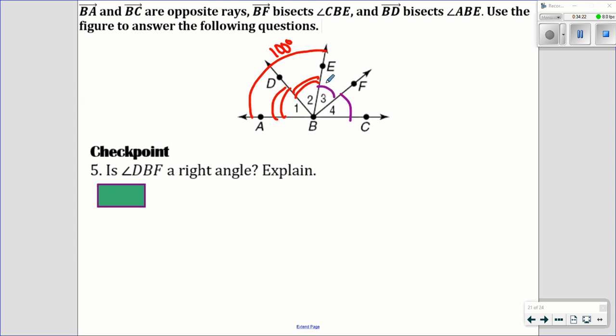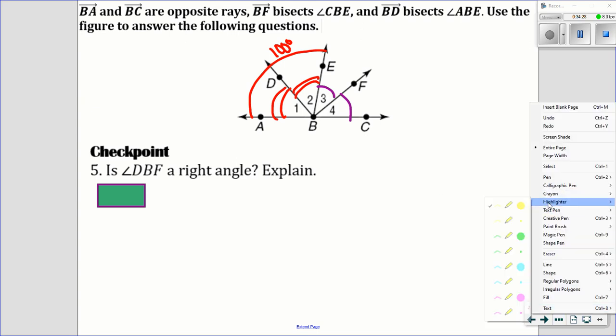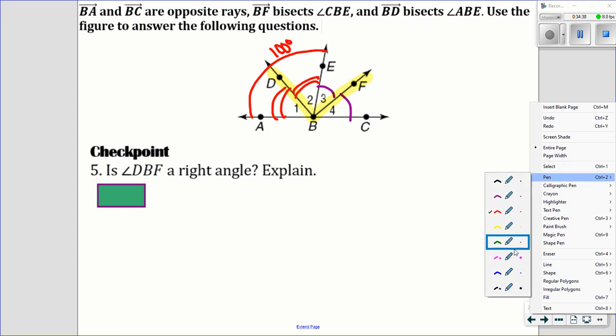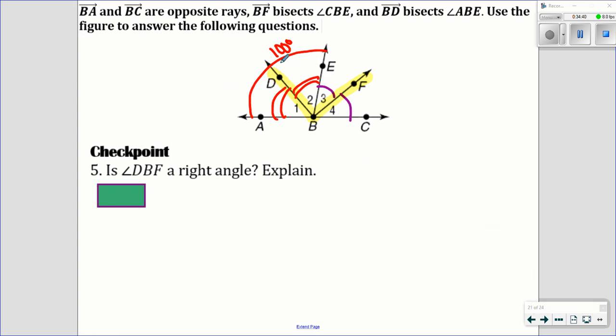So are we able to find out what this is? Because we need to know if the angle, I'm going to highlight it in yellow. So angle DBF, is it a 90-degree angle? So we know that this is 100 because they're basing it on the other question. How do we find this one?